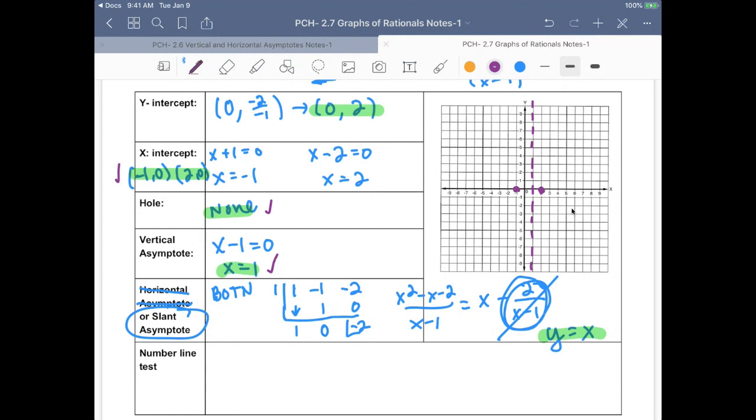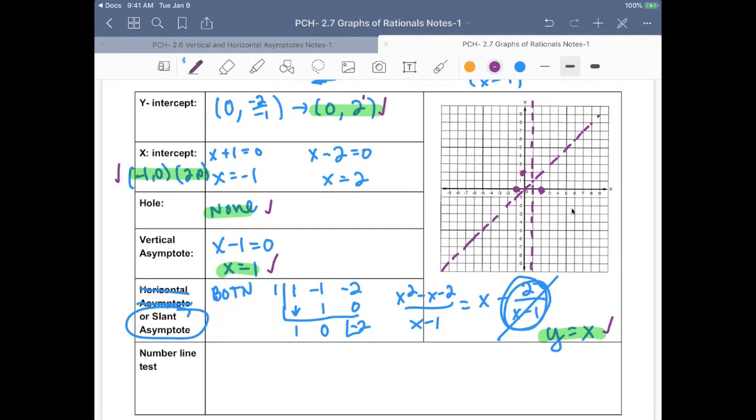A y-intercept of 0, 2. Everything is coming together. And a slant asymptote at y is equal to x. So, you're just going to graph in the line y is equal to x. These little diagonal boxes play tricks on my mind sometimes.